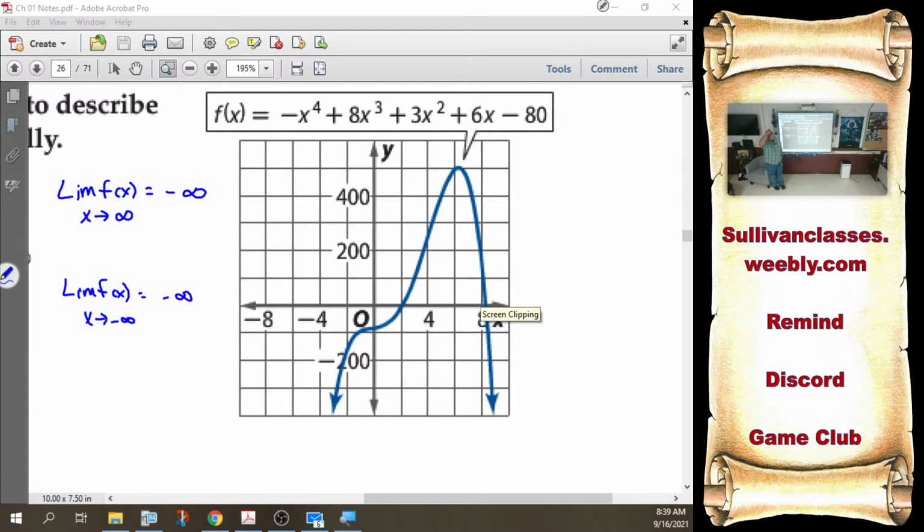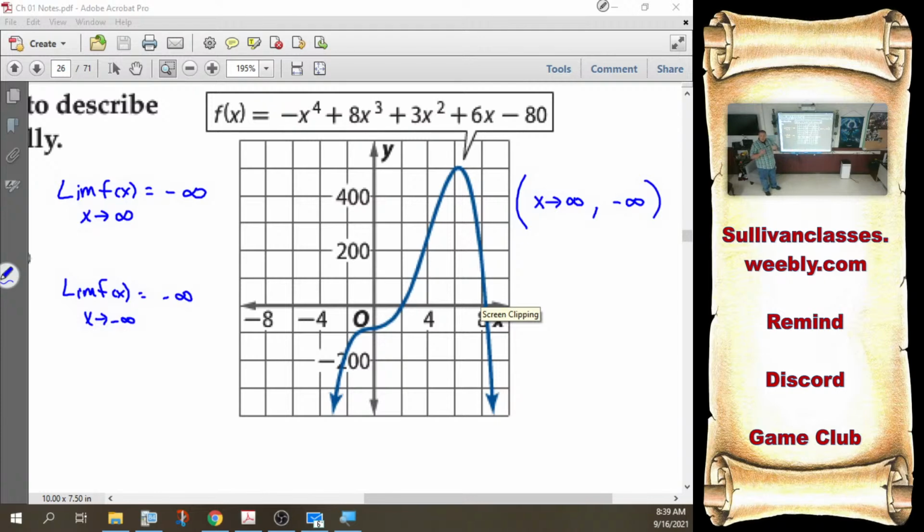So the way that I had done it in Algebra 2 is we just treated it like a coordinate. As x's go to infinity, y's go to negative infinity. We just treat it like a coordinate. X's, y's. X's go here, y's go here. Okay? So I've always done it that way to prepare kids for limits.